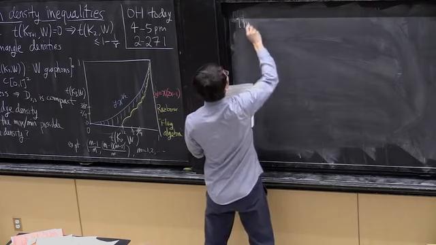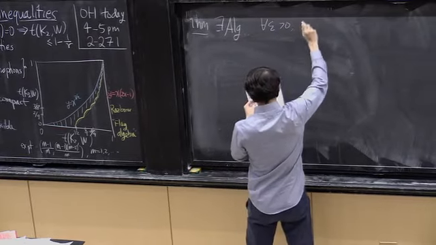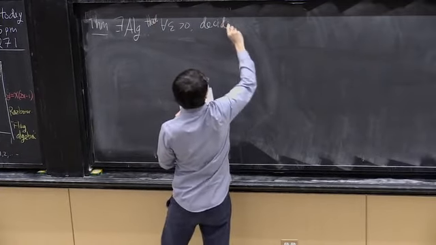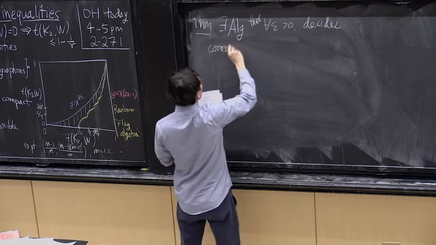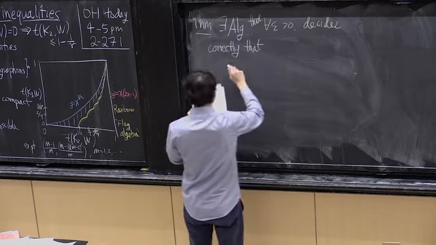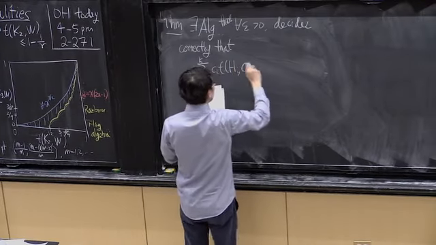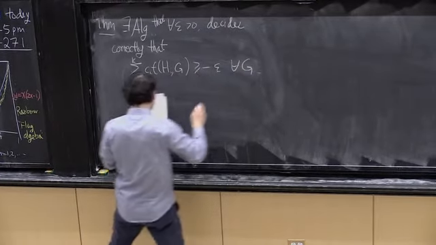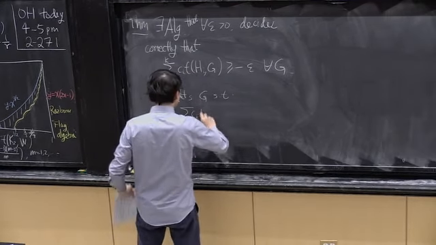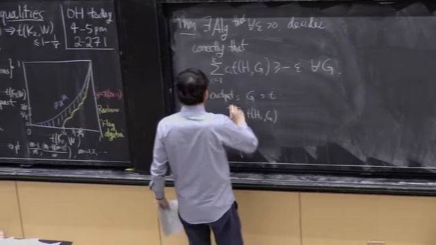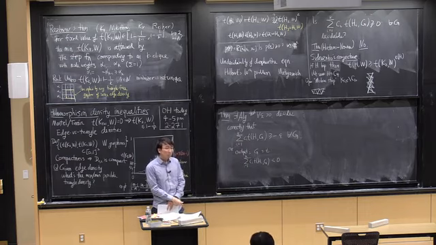There exists an algorithm that decides, for every epsilon, whether that inequality is true up to an epsilon error, meaning it decides correctly that this inequality is true up to an epsilon error for all G, or outputs a G such that the sum here is negative. So up to an epsilon of error, I can give you an algorithm.